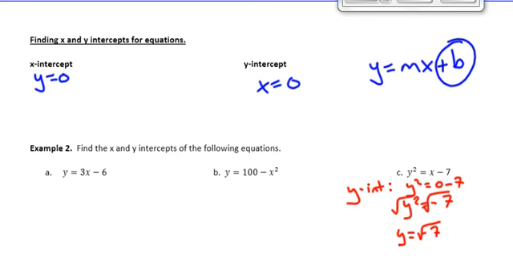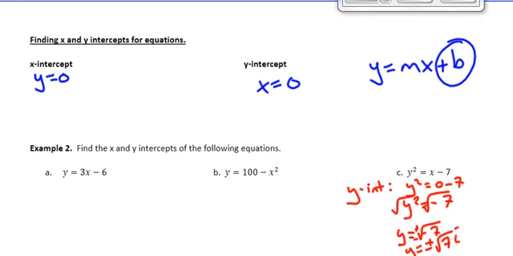But you also could take this one step farther, and since we're already done with Algebra 2, and this is a review of Algebra 2, we know that when I have a negative underneath that square root, not only do I get the plus and the minus that I forgot at the top one, but I also get, let me rewrite this, plus and minus the square root of 7.